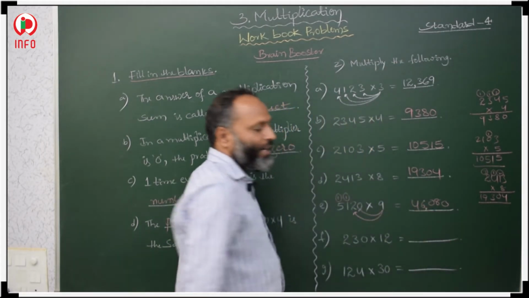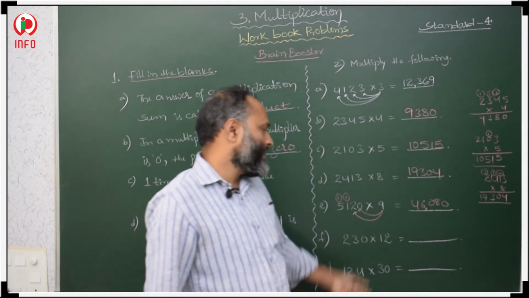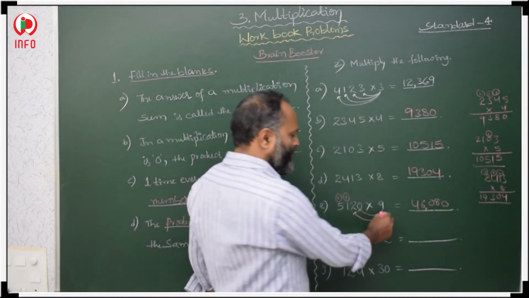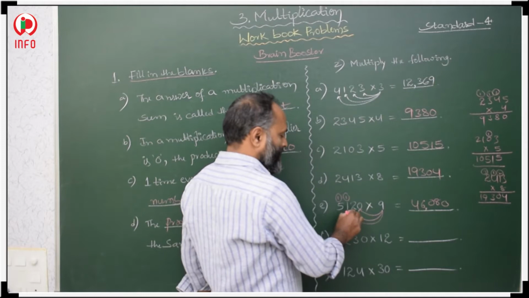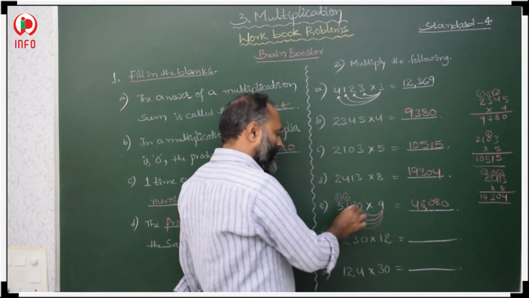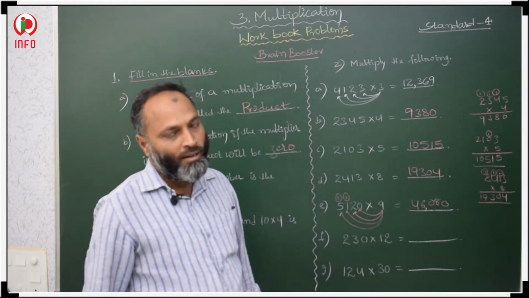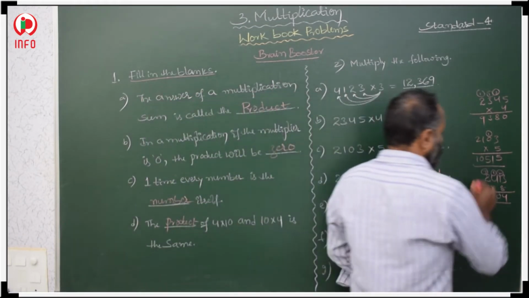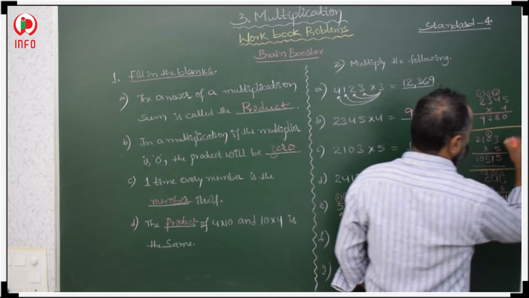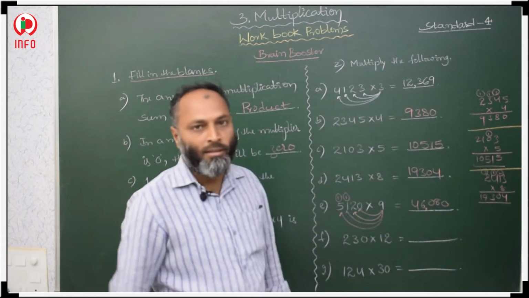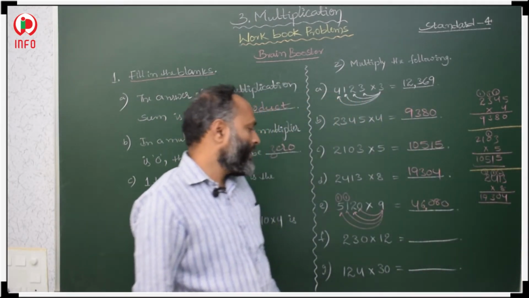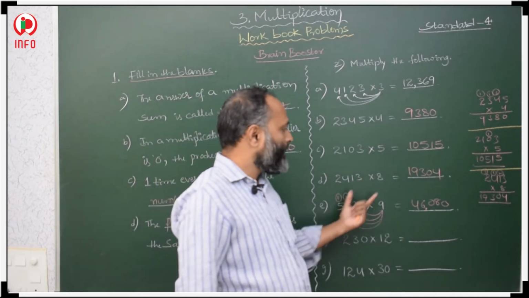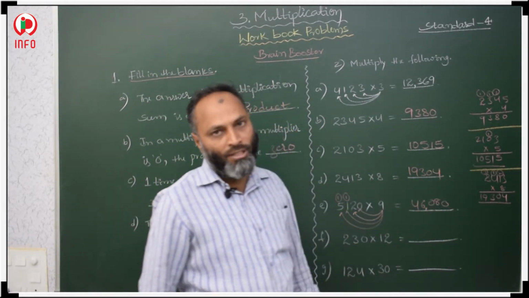If you want to do directly, you do like this, one by one: ones, tens, hundreds and thousands. You can do like this also. If you want to do in detail, you do it in detail like this. It is for your convenience. If you feel that one is easy, then you follow that one.